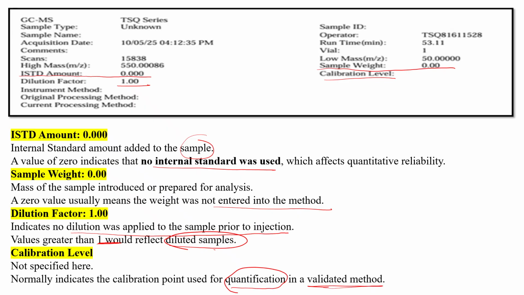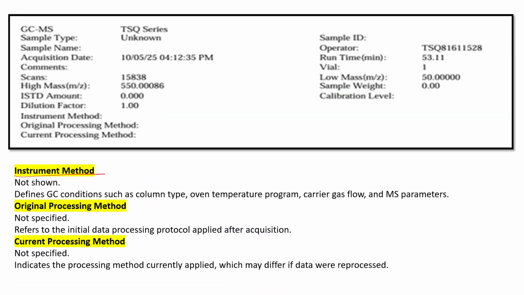कि अगर हमें quantification करना है तो calibration point mention किए जाते हैं validated methods में. Instrument method, not specified. This just shows the conditions of the GC, such as what is the column type, what is the oven temperature, which is the carrier gas flow, and MS parameters.